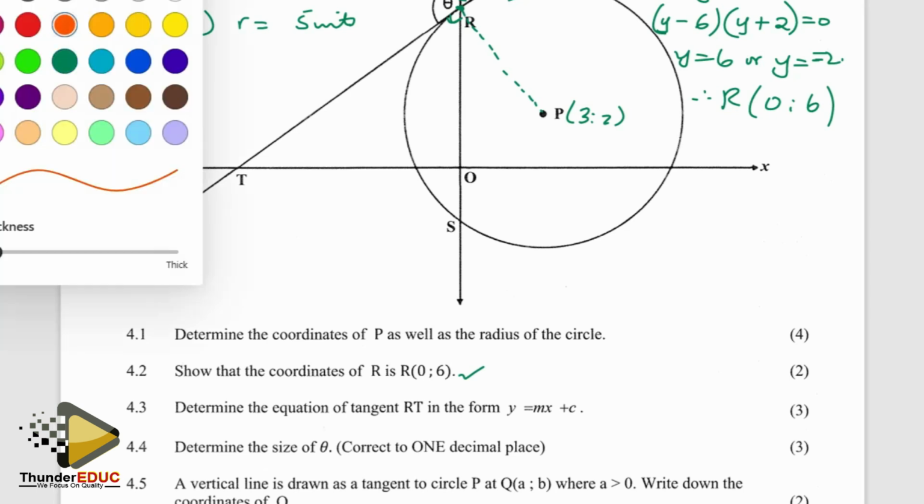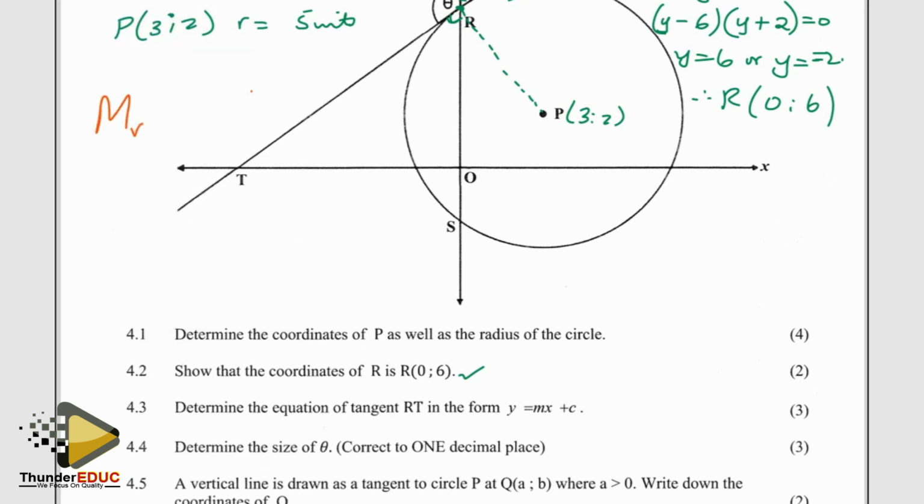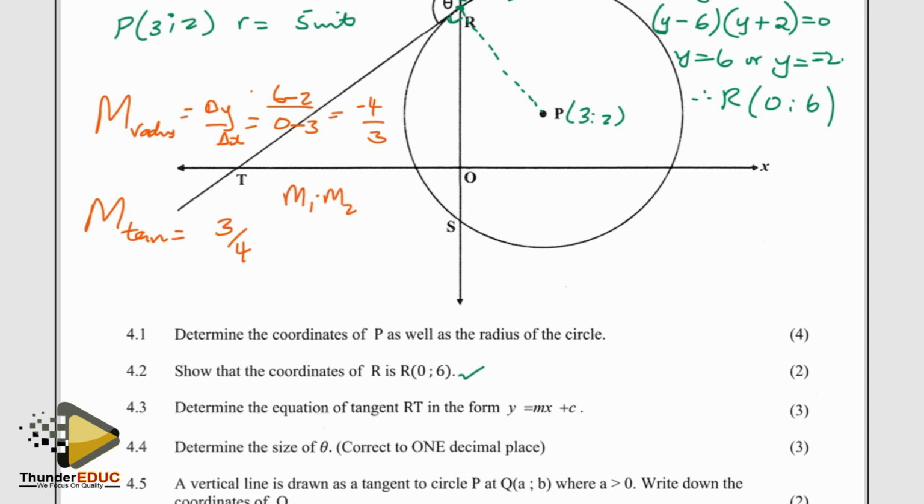The gradient of the radius is change in y over change in x: 6 minus 2 over 0 minus 3, which gives me negative 4 over 3. And then the gradient of the tangent is going to be positive 3 over 4, because I know that gradient 1 times gradient 2 must give us negative 1, since the lines are perpendicular.